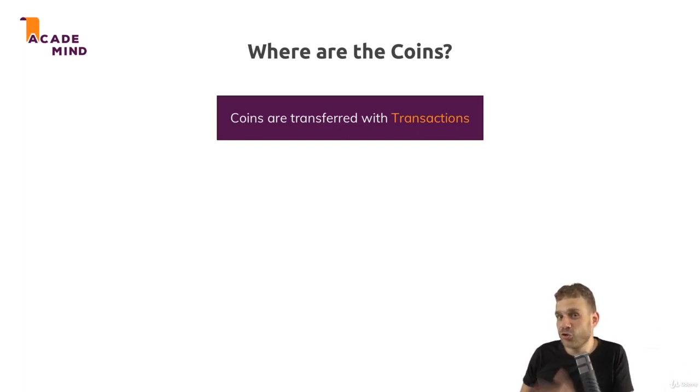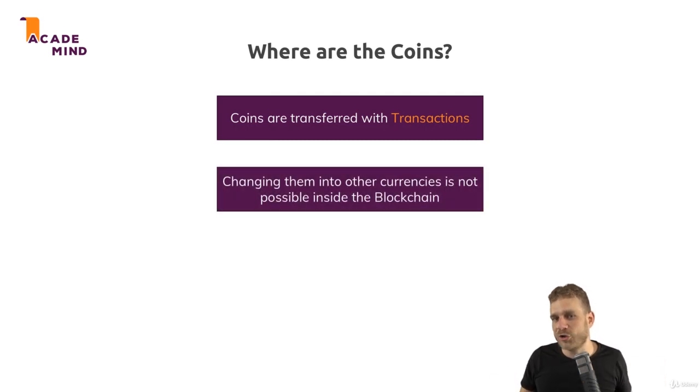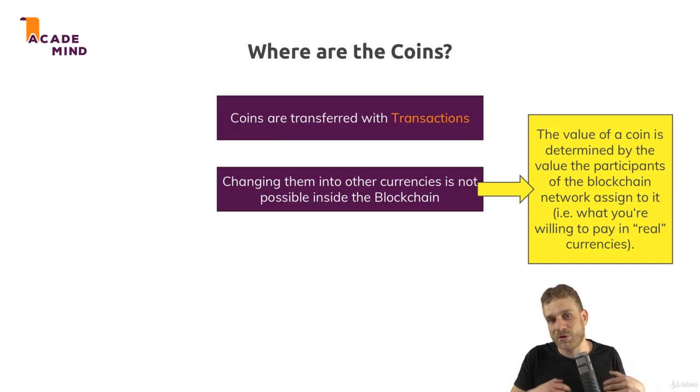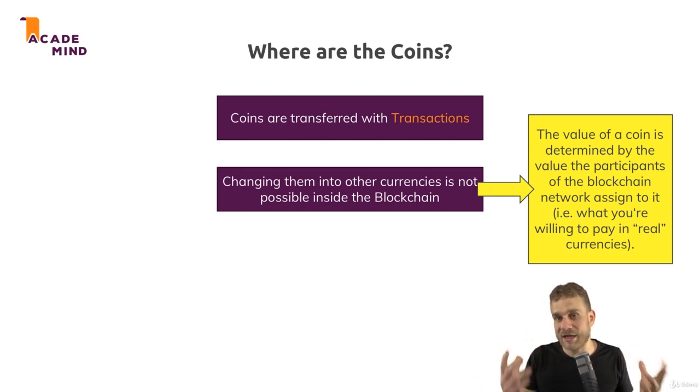The coins normally can't be changed to other real currencies unless you find someone, of course, who says, hey, please send me some coins and I will give you this amount of US dollars or this amount of euros. This is how it works. The worth of the coins is really just what people think it is. And this is how it works for all these cryptocurrencies. That also explains their high volatility. It's a new market, and the true value of these things is still something we have to evaluate.